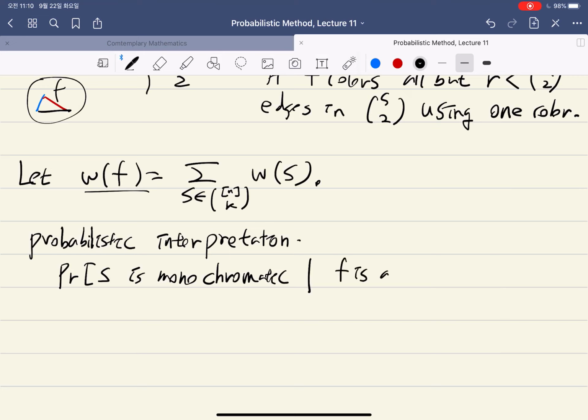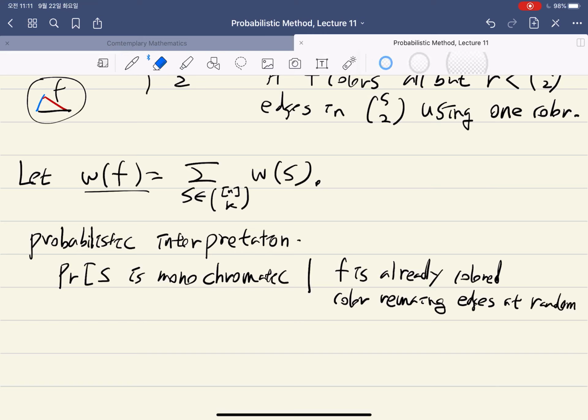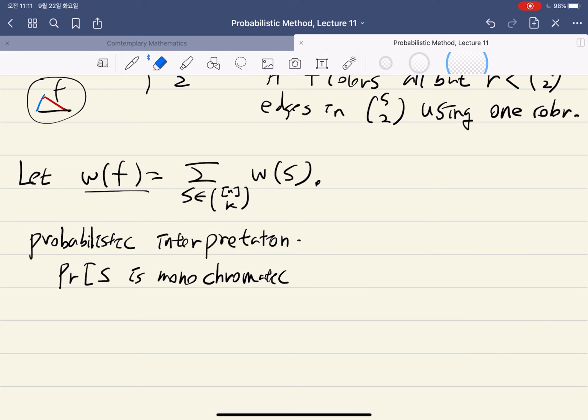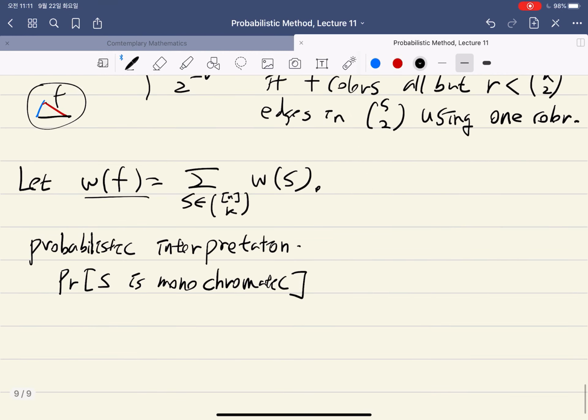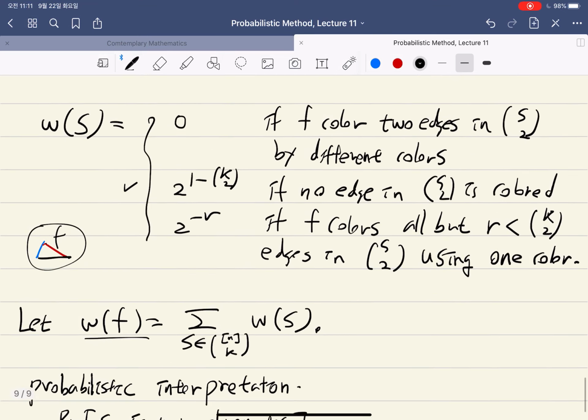Maybe if you write it this way, it's not conditional probability. So f already colors these edges, and for the uncolored ones, we randomly color the edges. Then what's the probability that S is monochromatic?